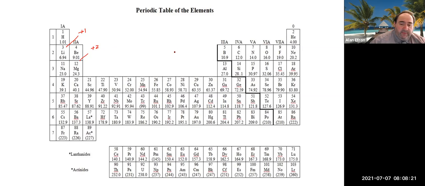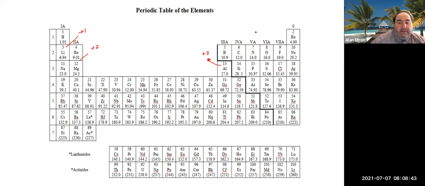And group 3, it's really aluminum that we see most of the time, and that will be a +3 charge. Groups 1, 2, and group 3 with aluminum are all metals, so we would expect them to lose electrons and become positively charged.